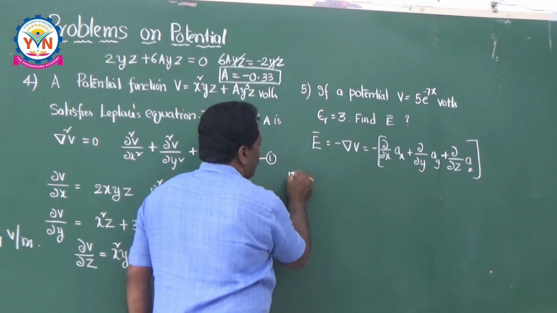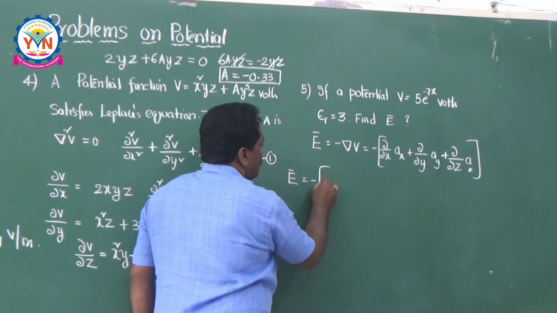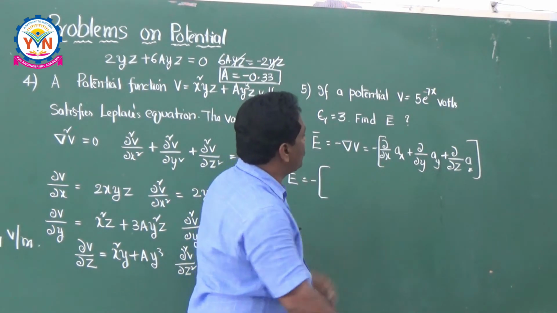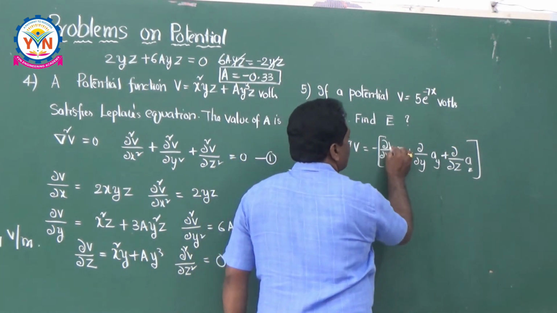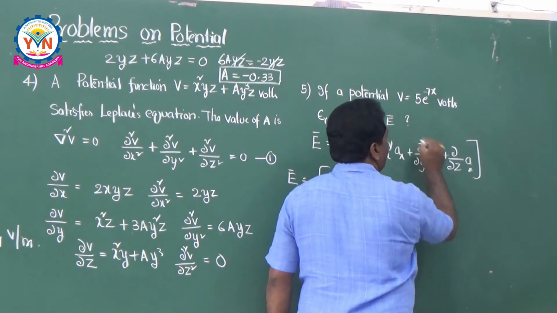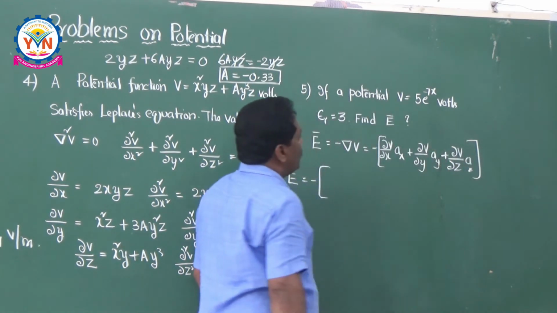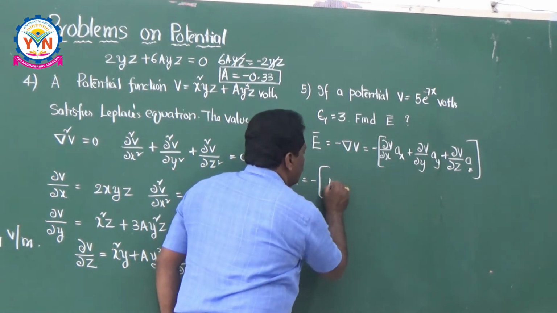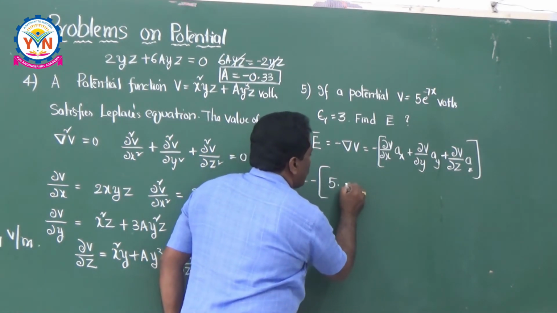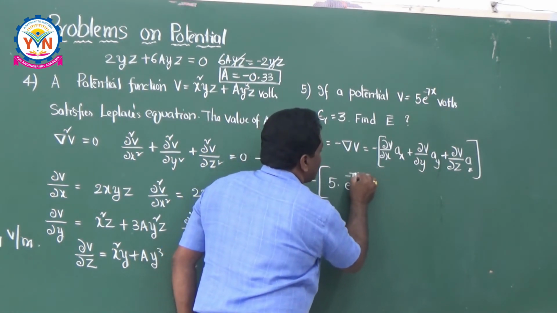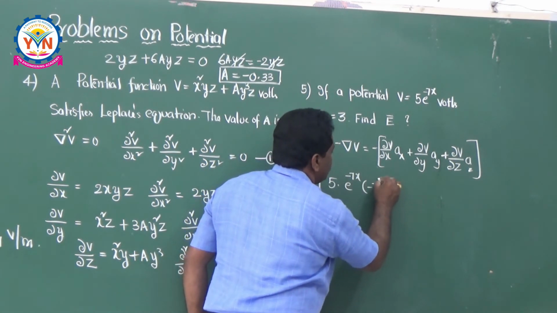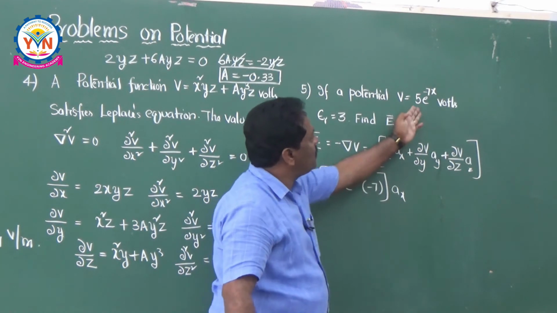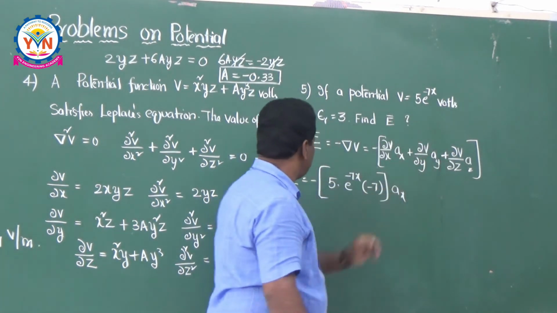E bar is equal to minus of dou by dou x into Ax. That means minus dou V by dou x. This is the potential, dou V. So differentiate with respect to x here. This is 5 into e to the power of minus 7x into minus 7 into Ax, because with respect to y it is 0, with respect to z also 0.